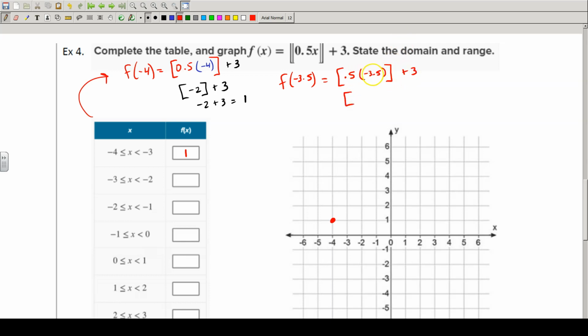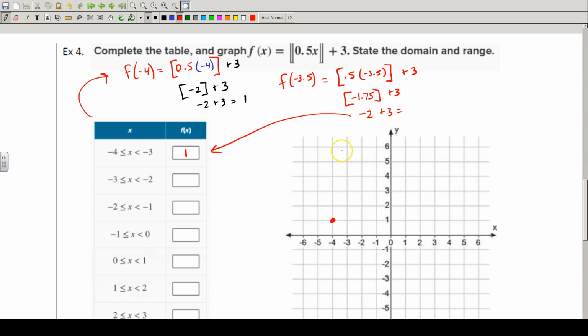So a half of -3.5 is going to give me -1.75. And then again, this is rounding down, not truncating. So this is going to round back down to -2 plus 3. And I get the same thing. I still get this 1.